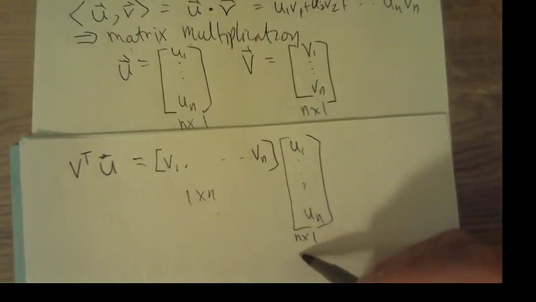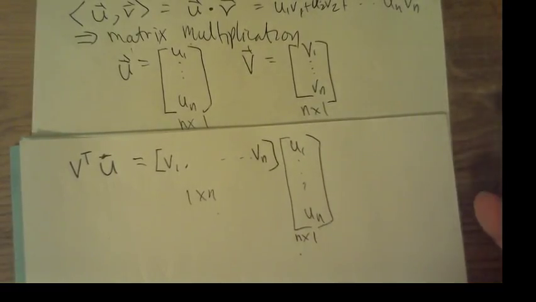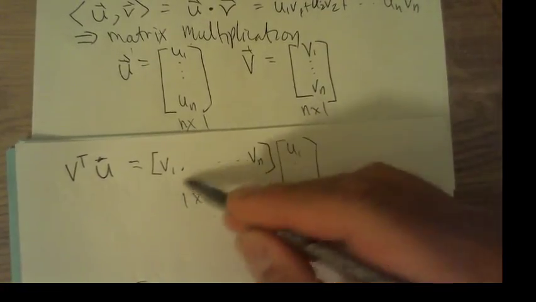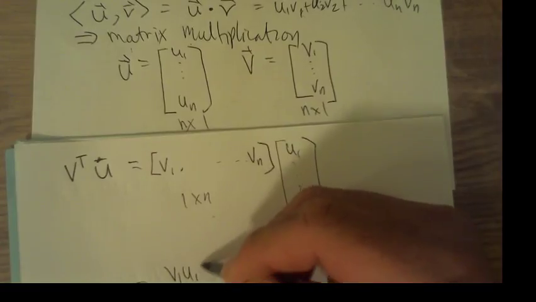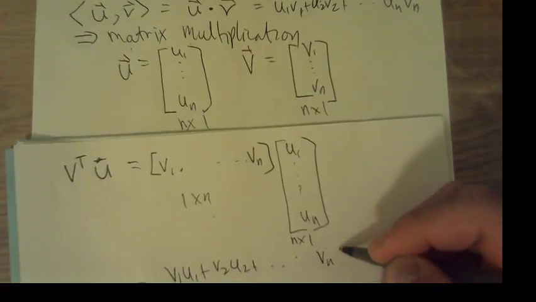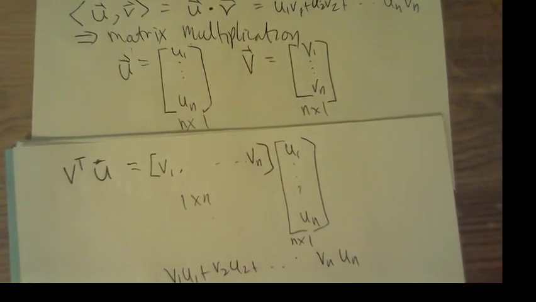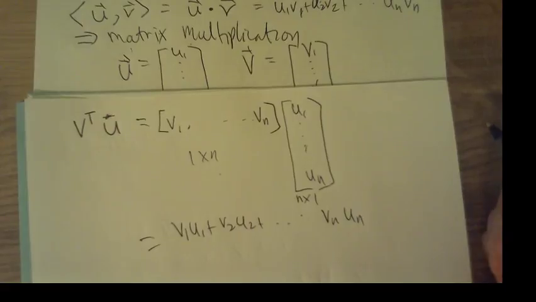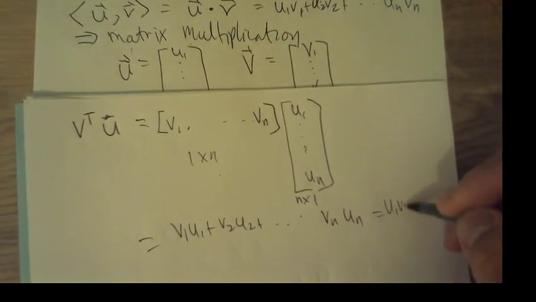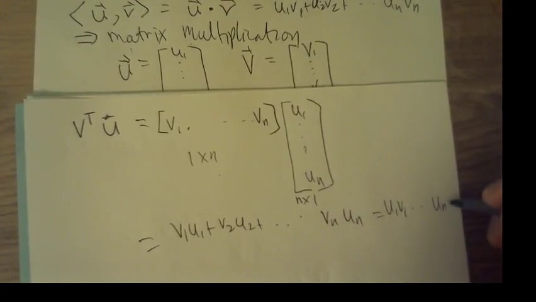Okay, so the inner ones match up, and we're left with a 1 by 1, or a real number, right? If we do the multiplication, we get U1 V1 up to Un Vn. Okay. Now, what does that mean?